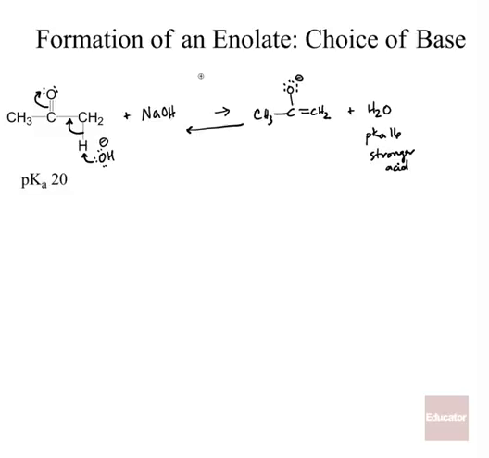So if I were to use a base like sodium hydroxide, what would happen is I would deprotonate just a small amount of this ketone. I would make a small amount of the enolate, small amount of enolate will be present at equilibrium. But for the most part, the ketone would still be a ketone. It would be the neutral form.